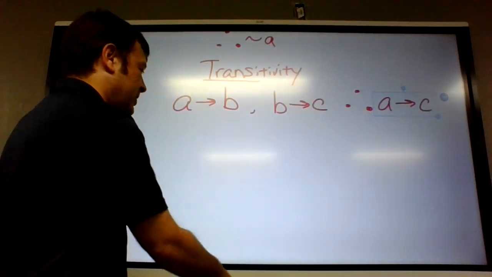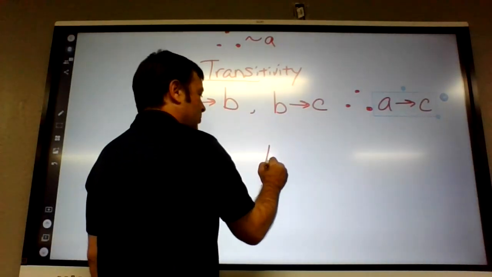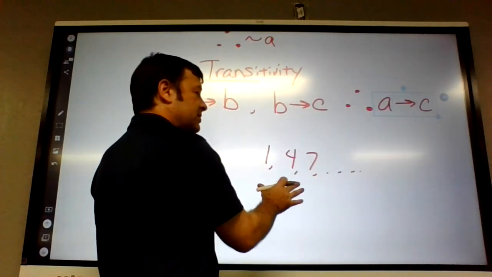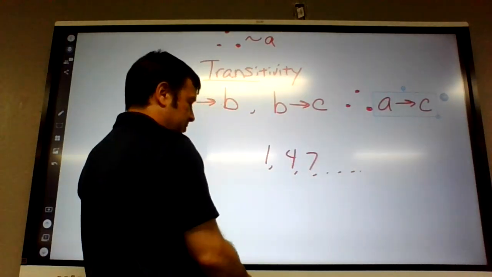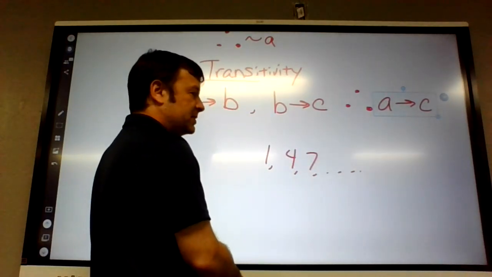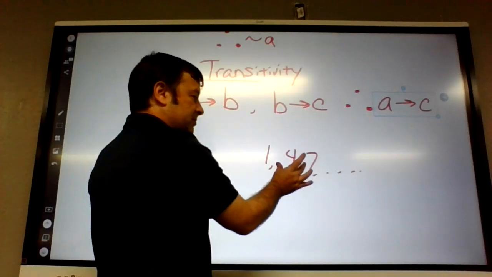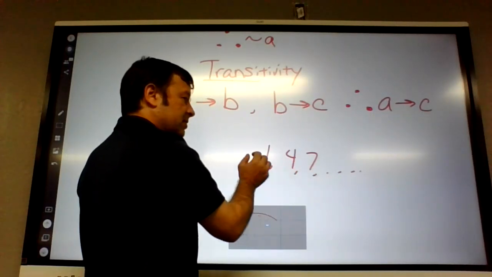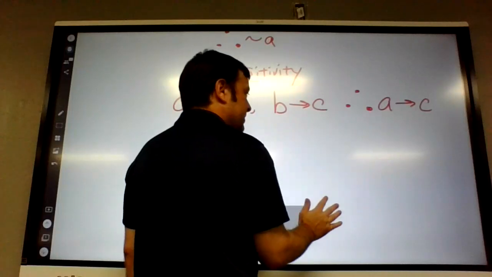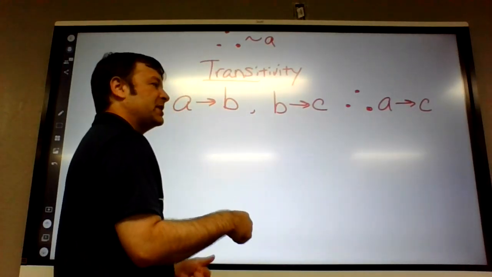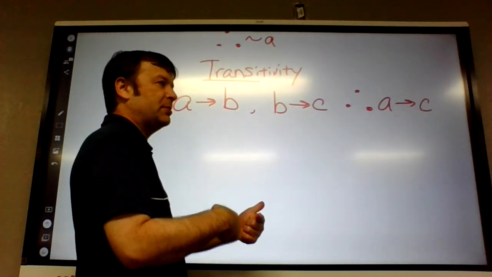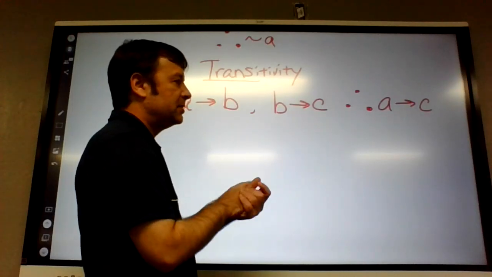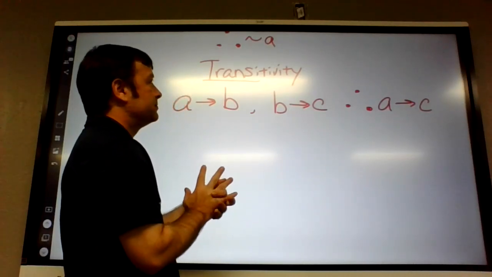So, you guys remember that assignment we had? It was like 1, 4, and there were some pictures, and we had to predict what the next numbers were. That's inductive reasoning, because we don't know what the pattern is, but we're assuming it's like +3 or something. Deductive reasoning is like, I know this rule, therefore this has to happen.